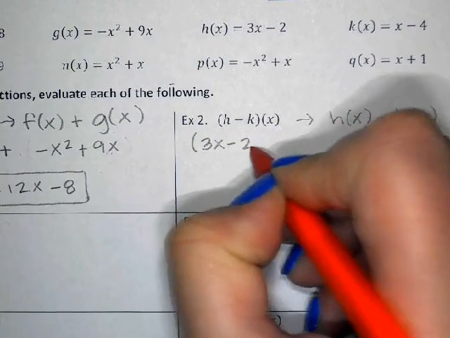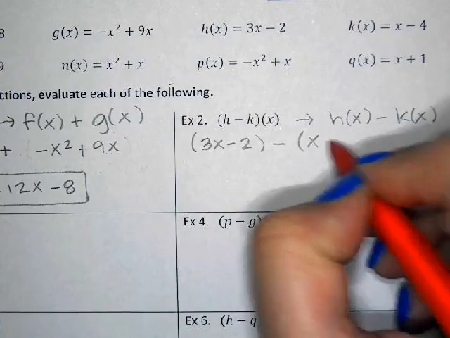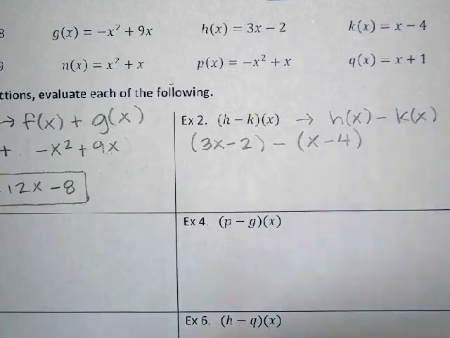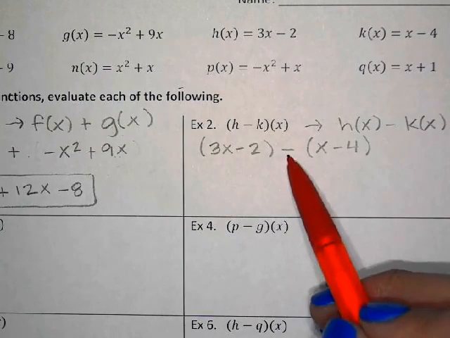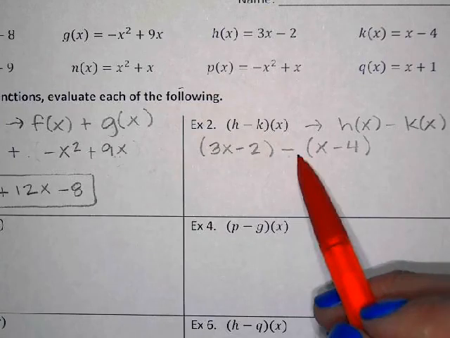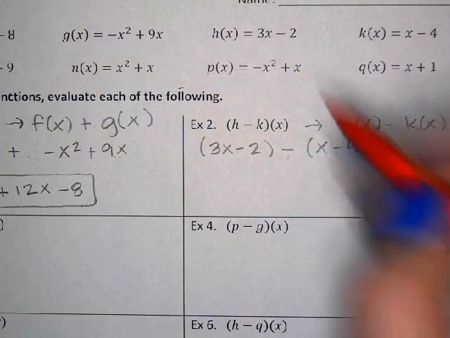And I'm going to subtract off k of x, which is x minus 4. And when I'm doing subtraction, I have to be careful because here I've got a negative in front of parentheses. If you have a negative in front of parentheses, what do you have to do with the negative? You have to distribute the negative.